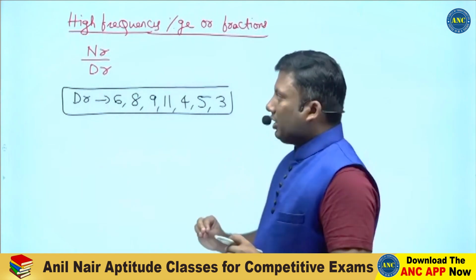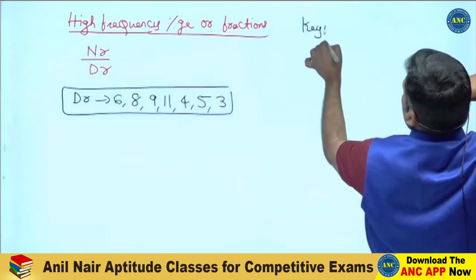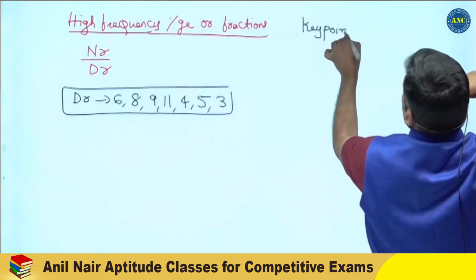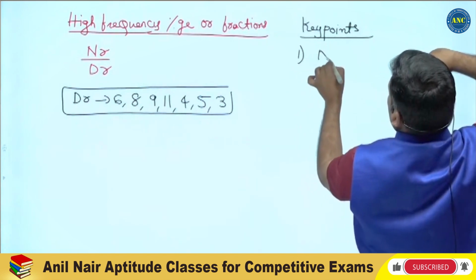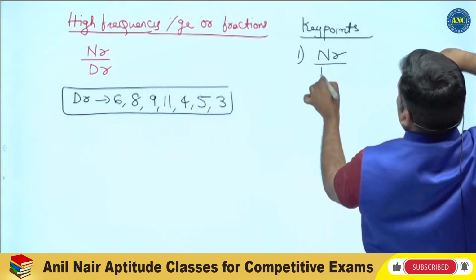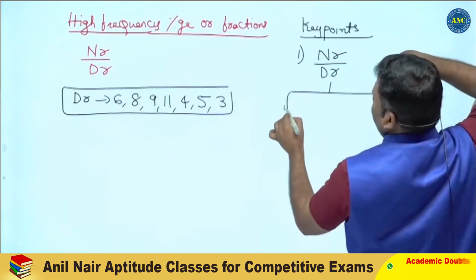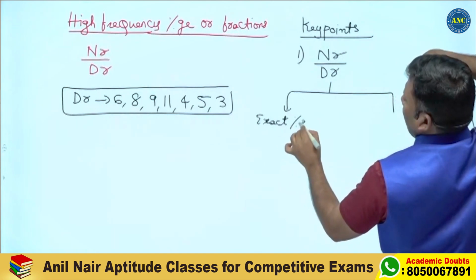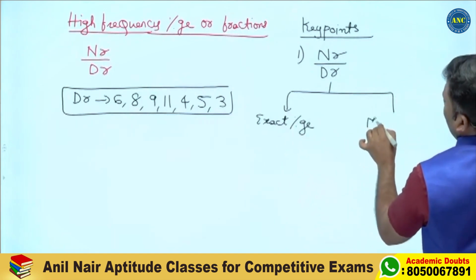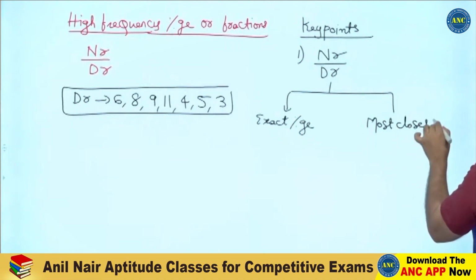Very, very important. I will repeat some important key points so that students will understand the foundation level problems. A fraction will be of the form numerator by denominator. I will get an exact percentage, or I will get the most closest percentage.